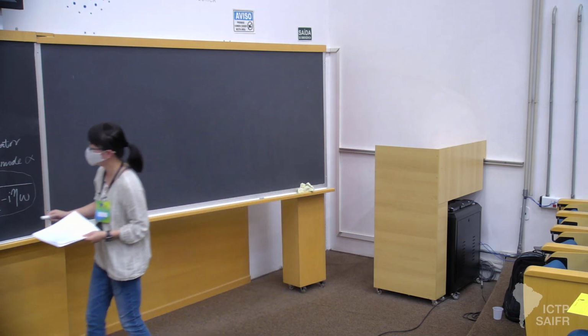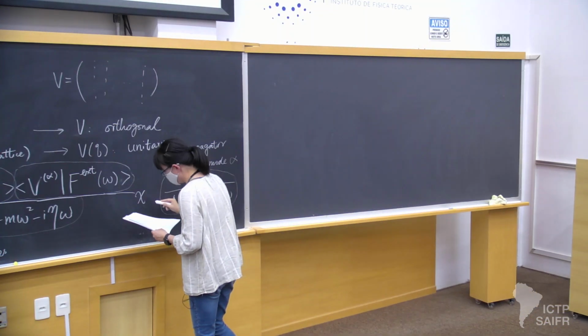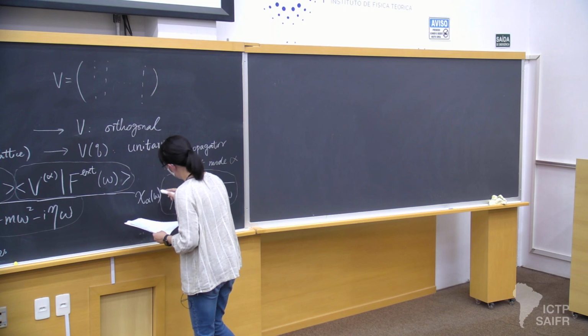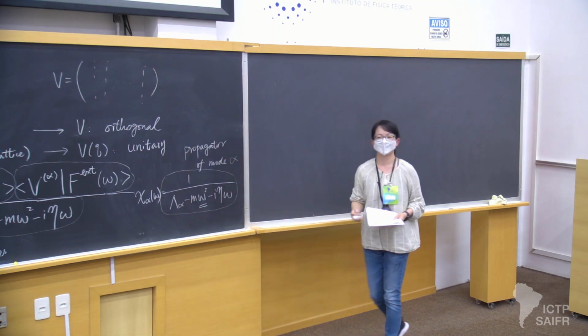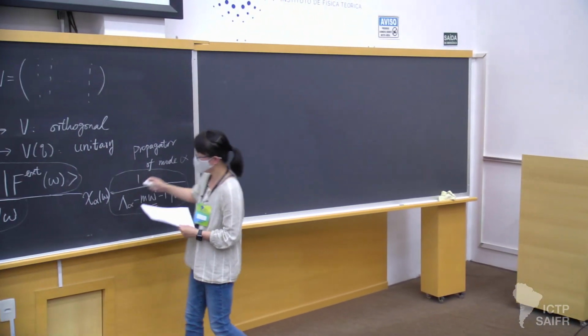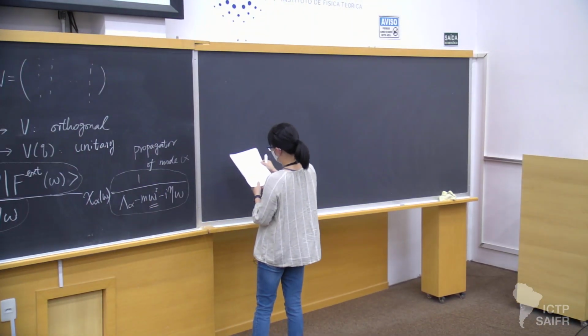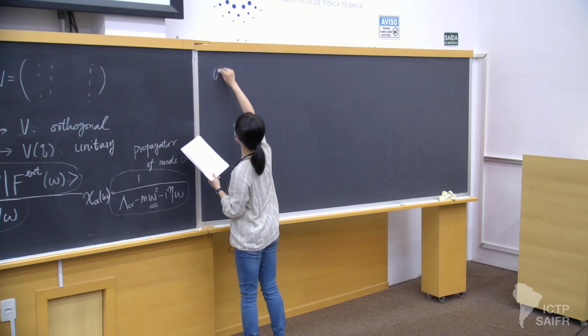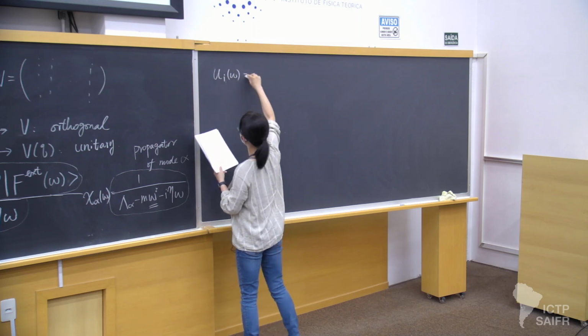So if I define this to be chi of mode alpha, you know that in frequency space, it's U_i. Let me just rewrite it here.